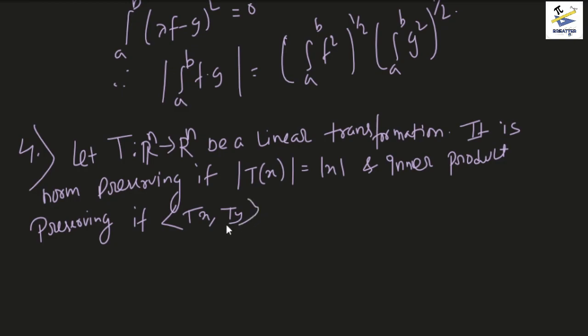Inner product of Tx, Ty equals inner product of x, y. So we have two parts to prove for this problem. I have given you the definition of what is a norm preserving and what is an inner product preserving linear transformation.